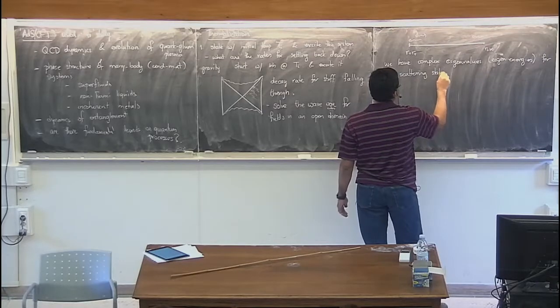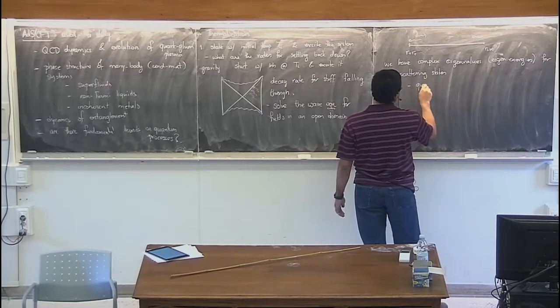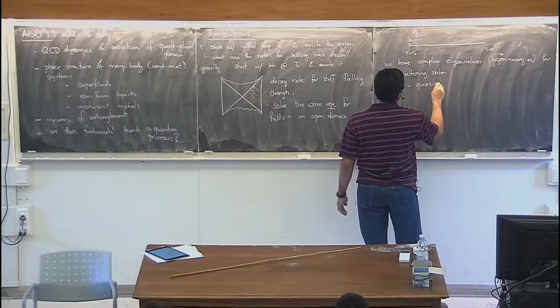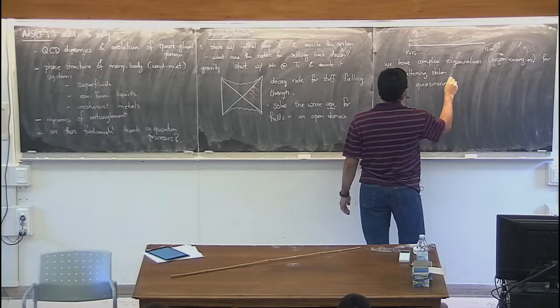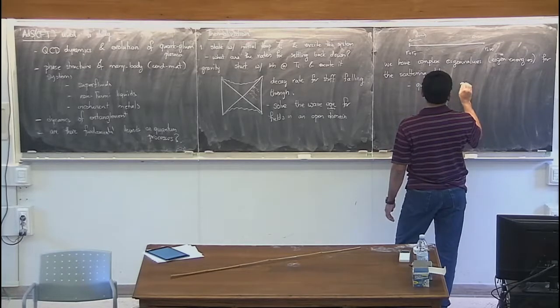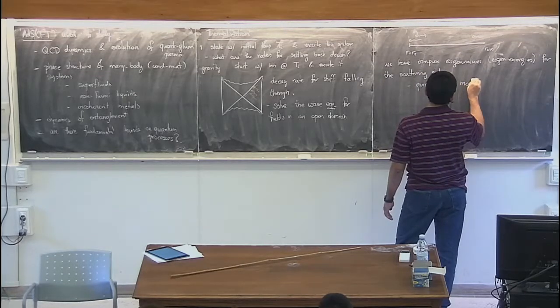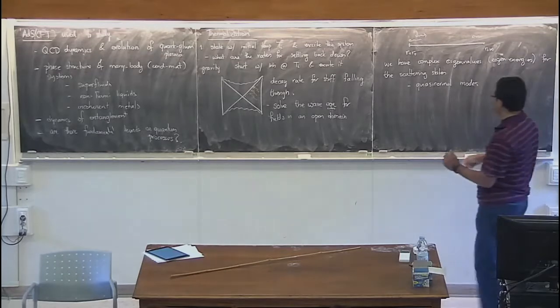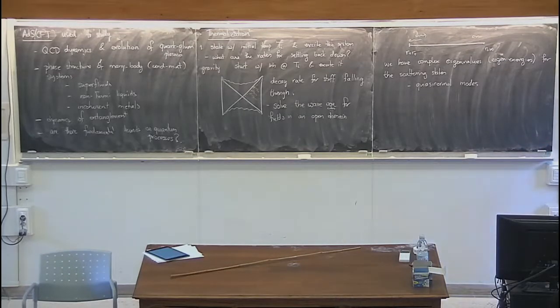And in the black hole context, these are called quasi-normal modes. In general, for any open problem, the distinction from usual quantum mechanics scattering is that if you have real eigenvalues, you have normal modes, which are propagating degrees of freedom. But if you have damping in a system, you have quasi-normal modes.